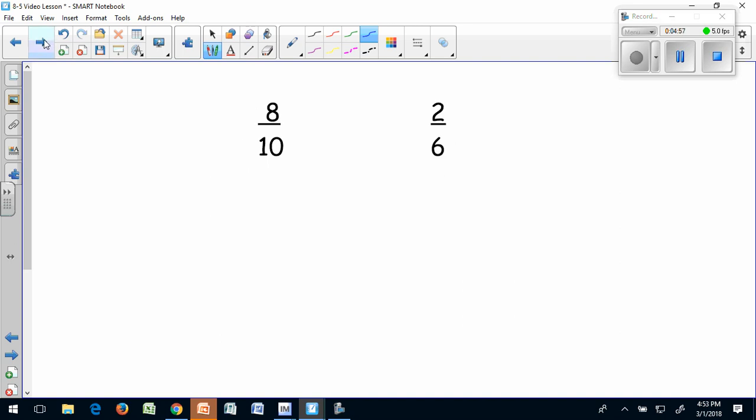Let's try 8/10 and 2/6. Please do the same thing in your notebook and write it as a sentence to explain which was larger using 1/2 as a benchmark.